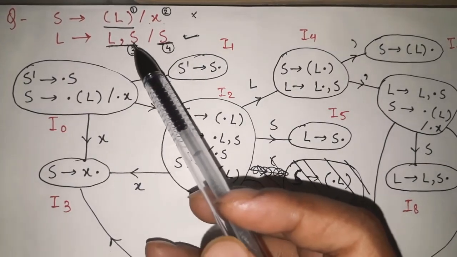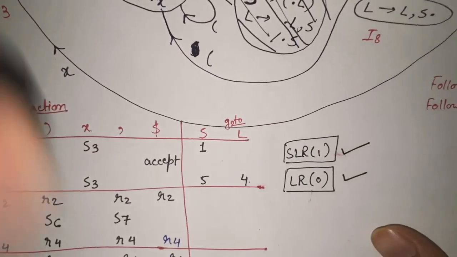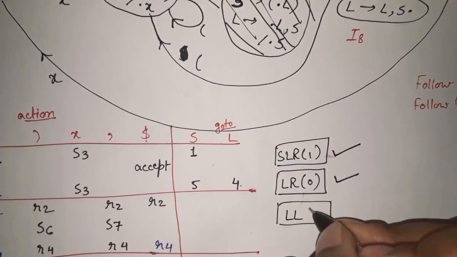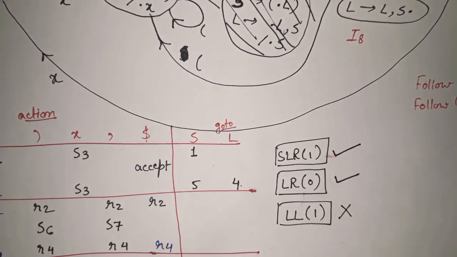So yes, in case of LL1 we will get a conflict. So we can say that the given grammar is not LL1. So even if our given grammar is LR0 and SLR1, it is not LL1.